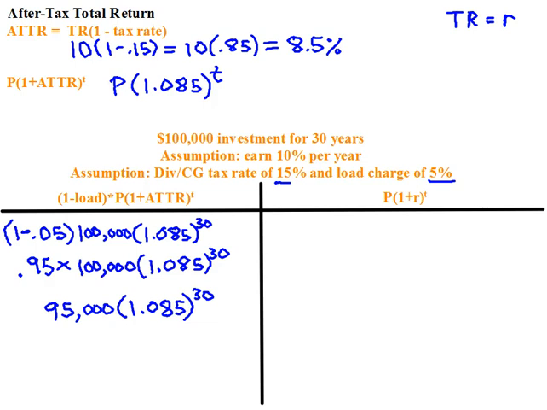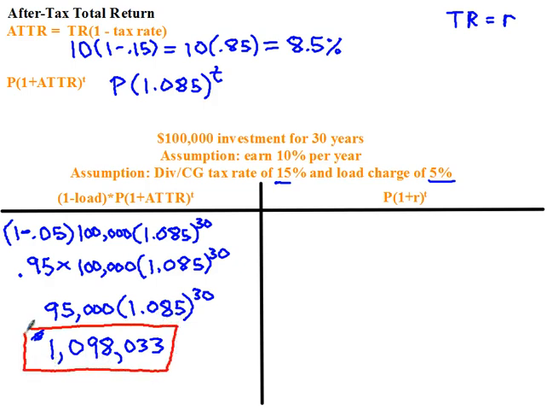At the end of 30 years, when I take this money out, I'm going to have $1,098,033. That's the amount of money I'm going to have after the load and after paying the taxes.